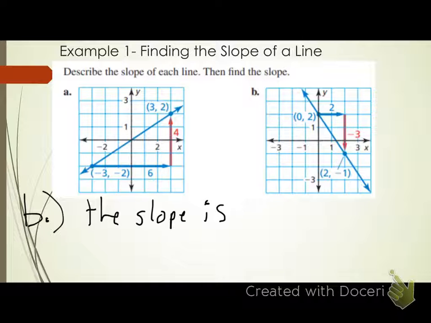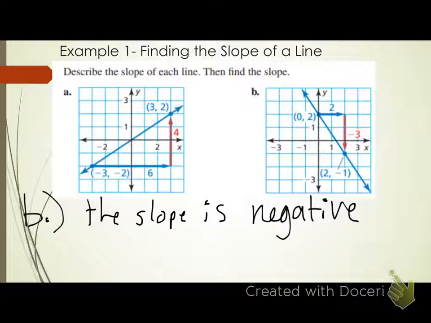What does slope dude say on this line? That's what I'm asking. The slope is negative. Slope dude would say nice negative. That's me describing the slope. That's what it wants me to do first, correct?